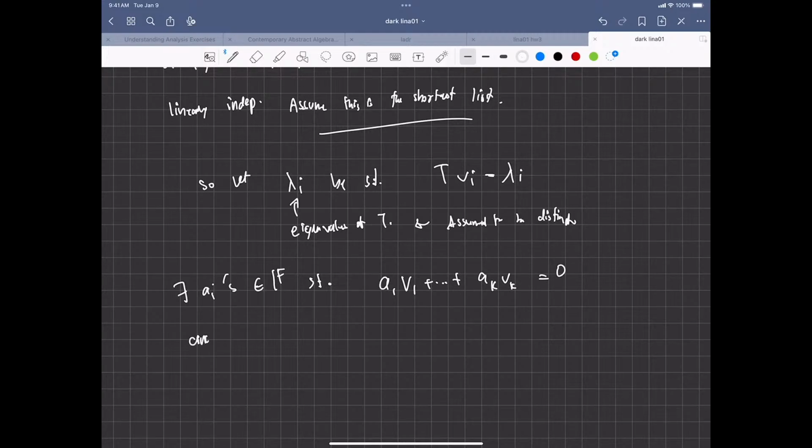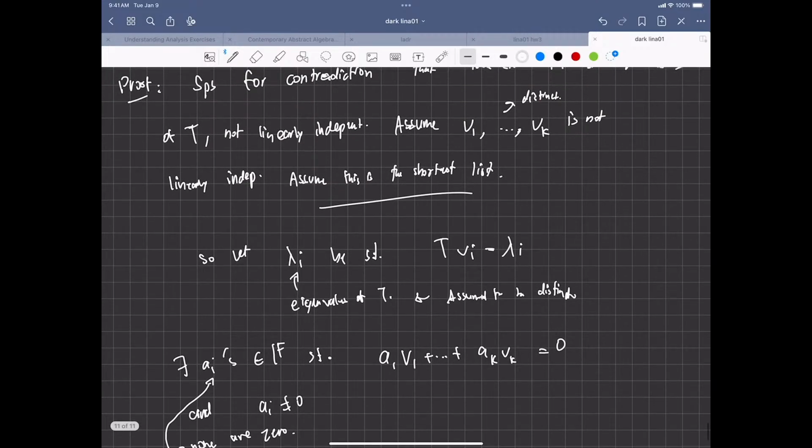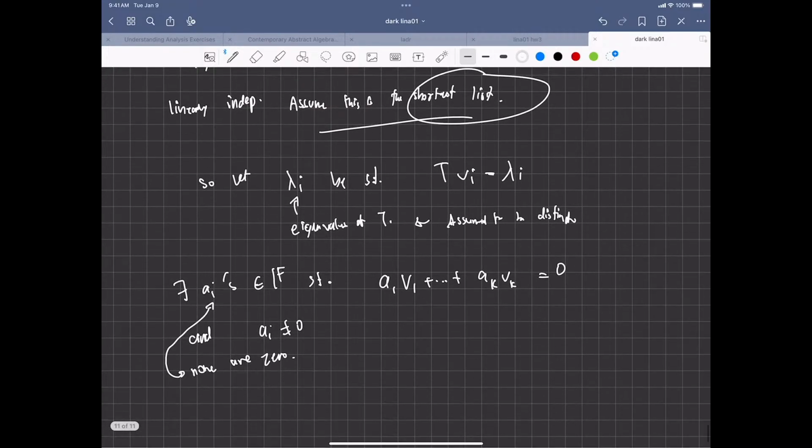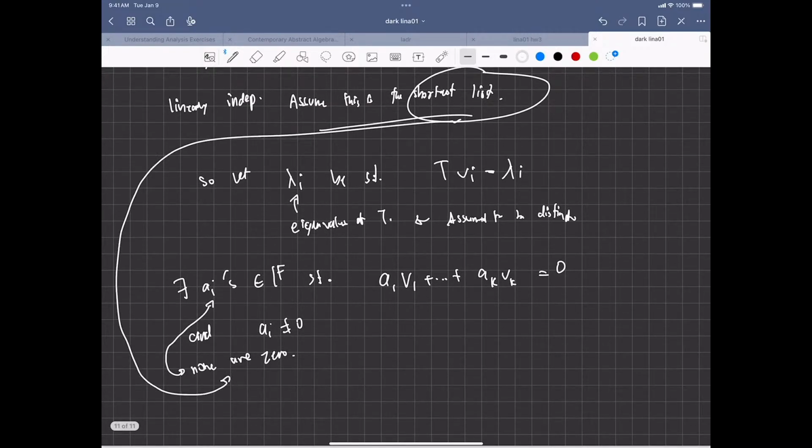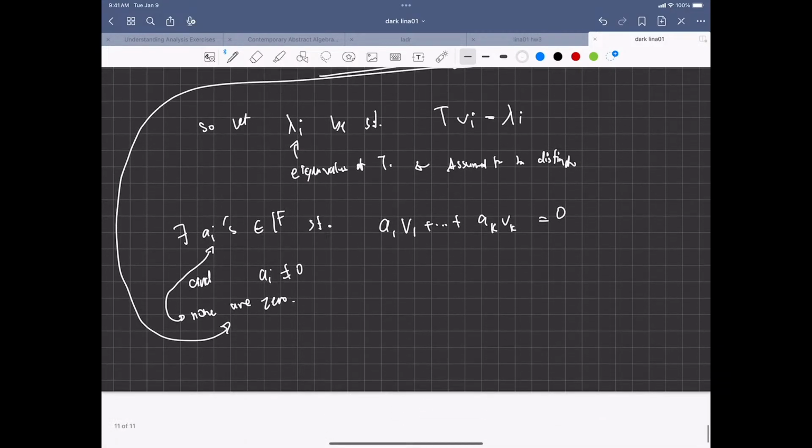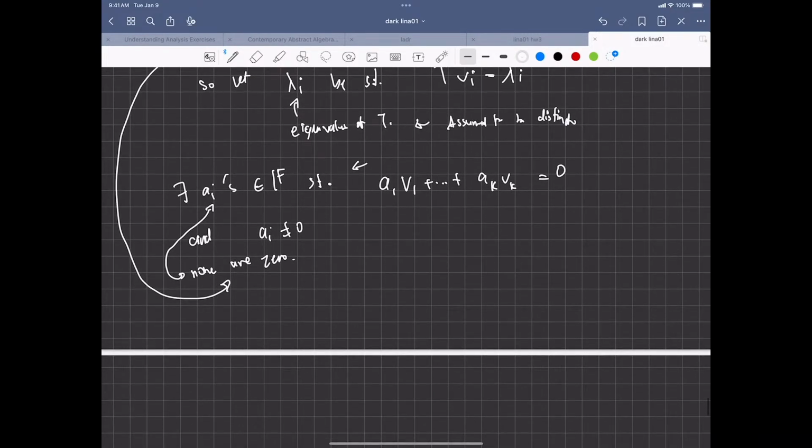And importantly, none of these are 0. Why is this? Because this is the shortest list, so none of these scalars can be 0. And why do these exist? This is because we are supposing linear dependence.